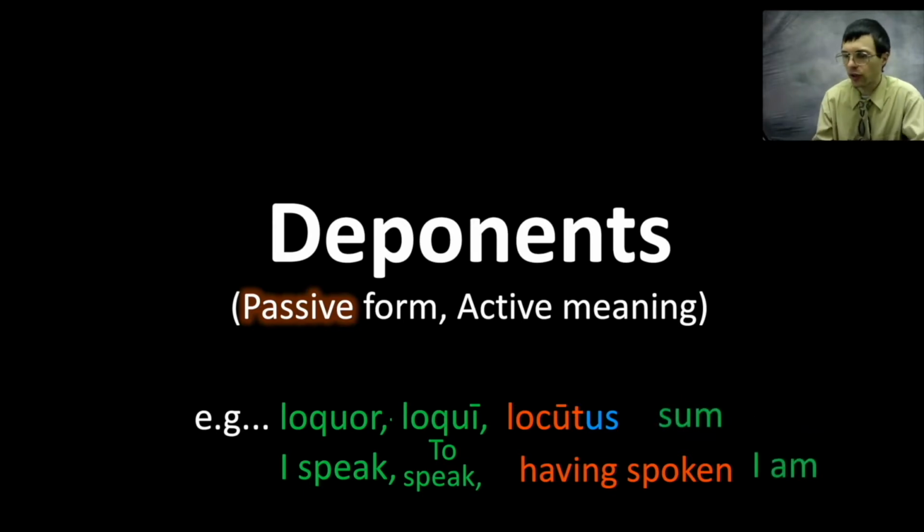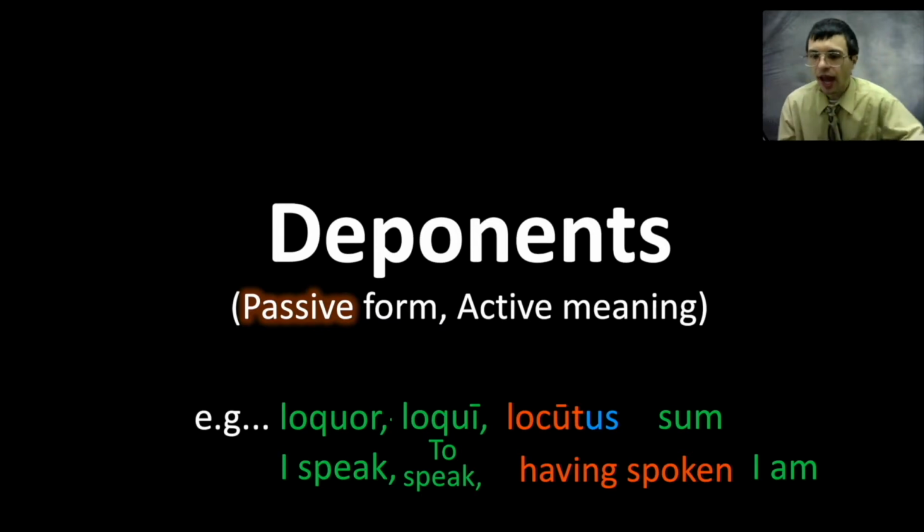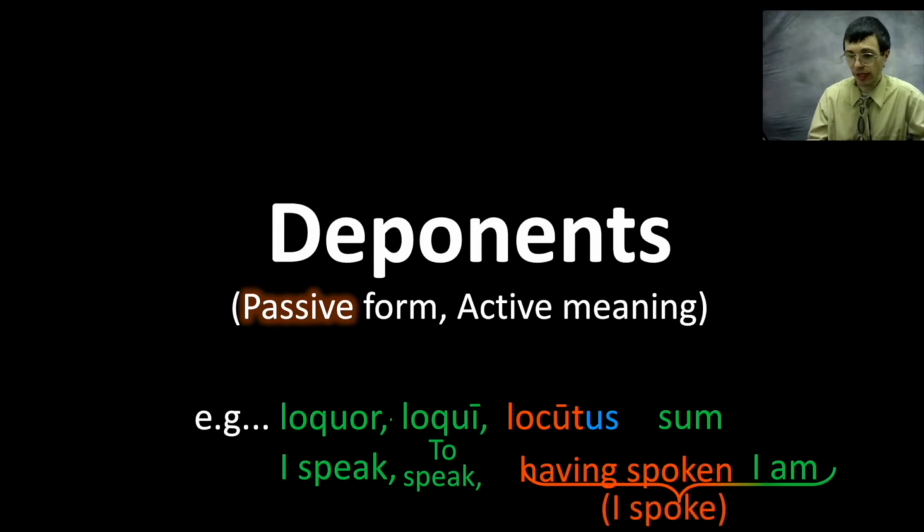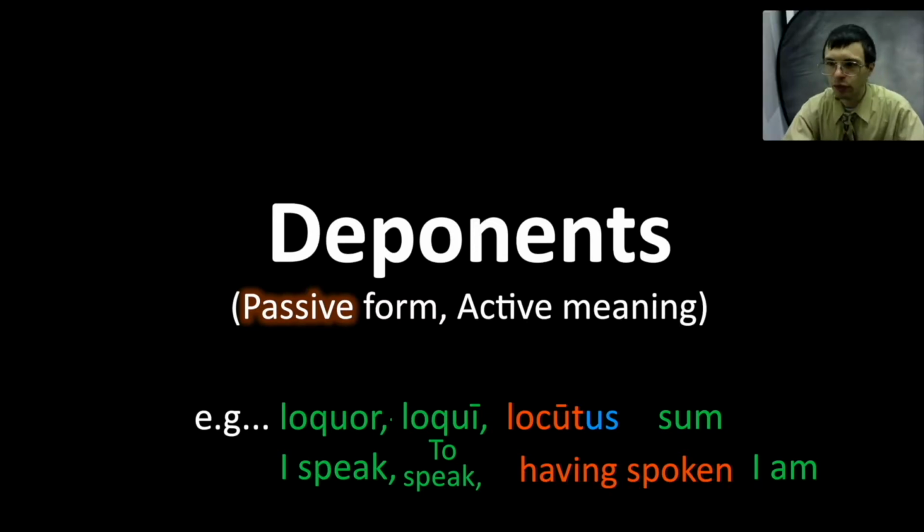And of course, just like you could tack on a form of sum to the PPP, you can also tack on a form of sum to the PAP and get the perfect tense. "Having spoken I am" condenses to just "I spoke." So locutus sum, "I spoke." Now, you had words like tractatus sum, "I was dragged," and that was passive voice.